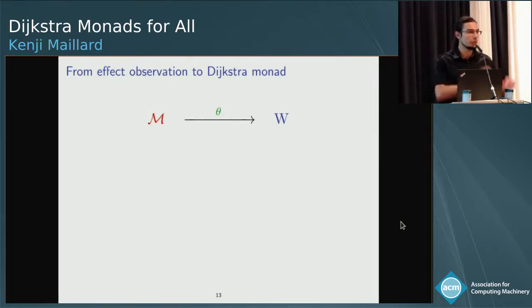Well, starting from a computational monad, a specification monad, and a choice of effect observation between the two, there is one relatively simple way to describe a Dijkstra monad out of it.